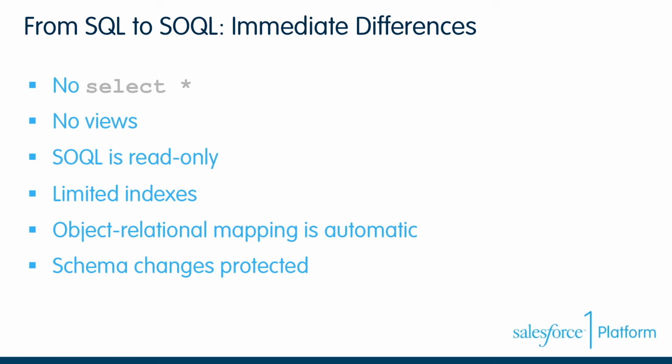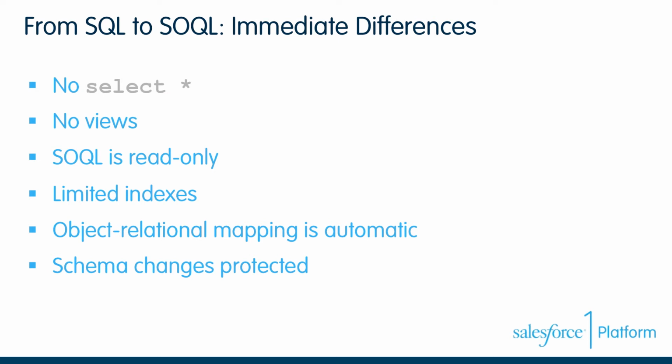You do have to explicitly identify which columns you want to select. This is one reason I think for this is that you can have very wide objects in Salesforce. We allow up to 500 columns at a minimum, so it's very common to get some very wide objects, and selecting everything isn't necessarily that useful.